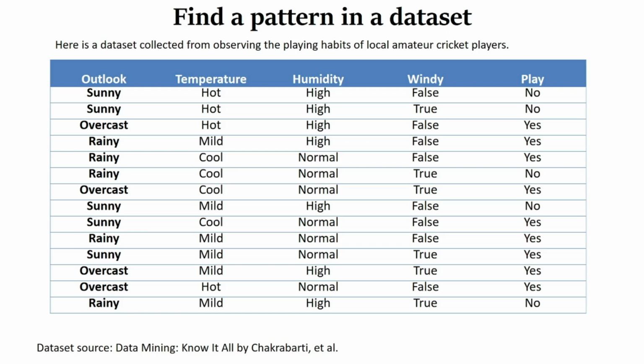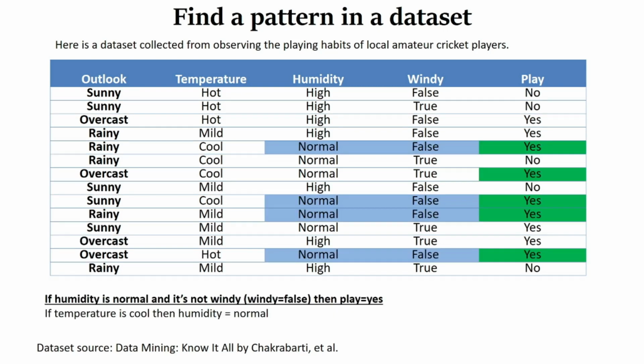The aim was identifying any rule or patterns in this data set. By looking at all of this data, we realized that, for instance, if humidity is normal and it is not windy, meaning windy is false, there would be some play for this game. So these are some examples of patterns and rules.